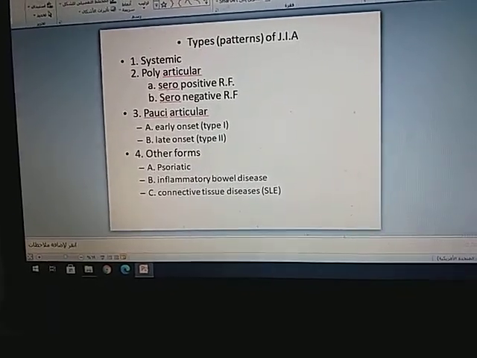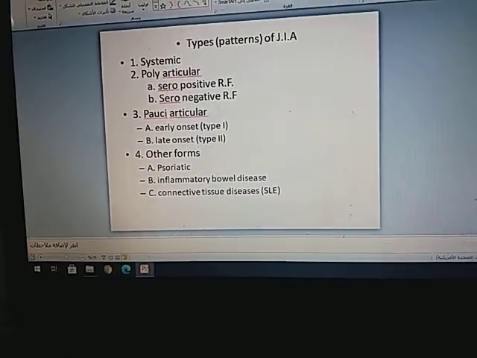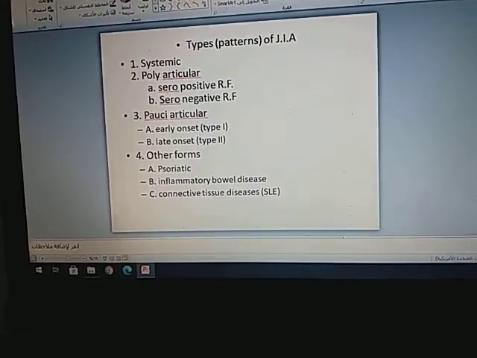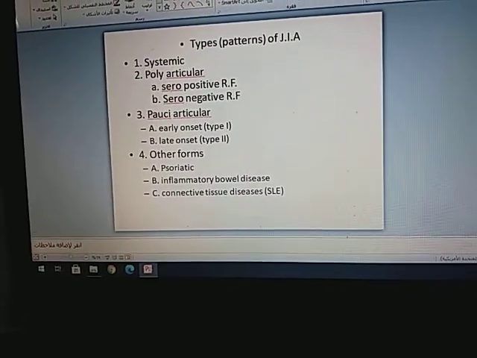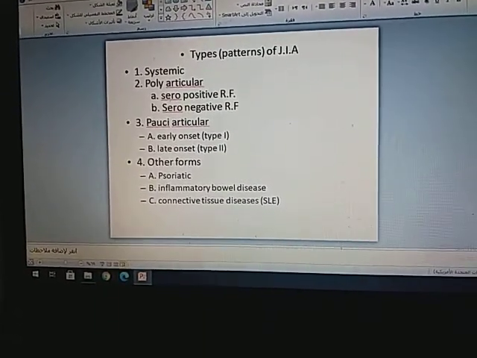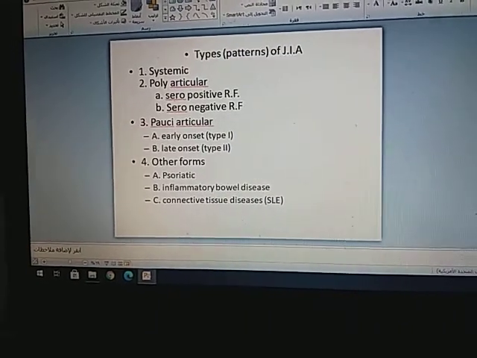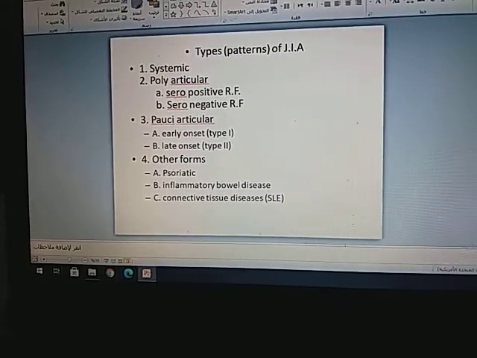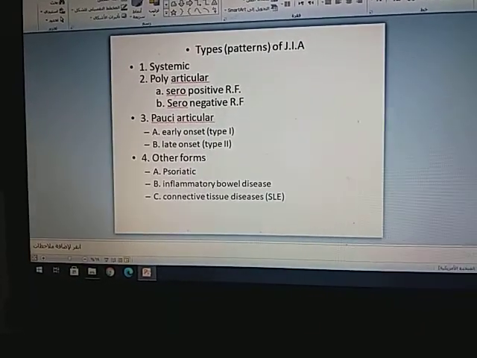The seropositive polyarthritis might be considered as juvenile rheumatoid arthritis, and many of them later on may pass to rheumatoid arthritis if they pass the age of 16 years.